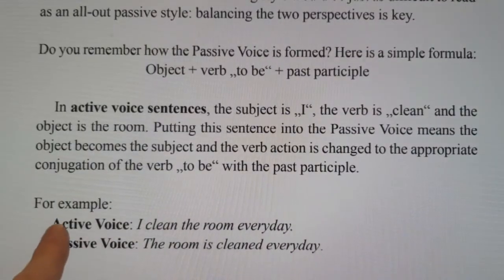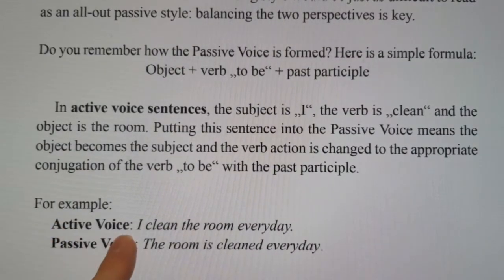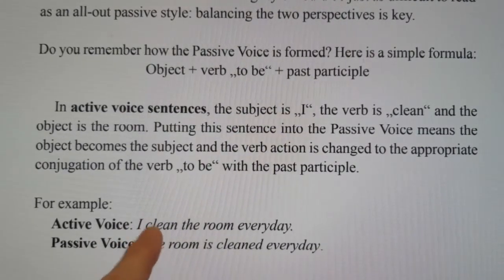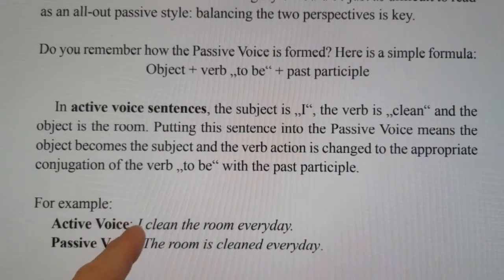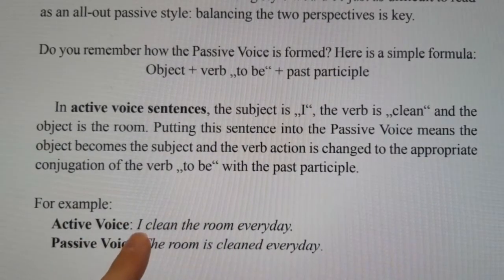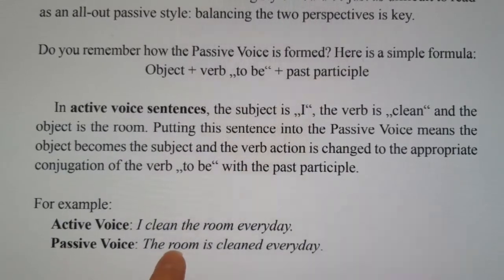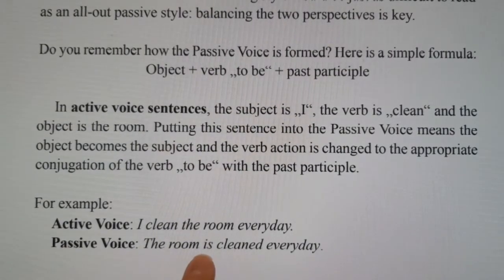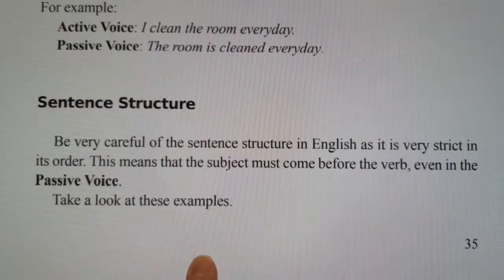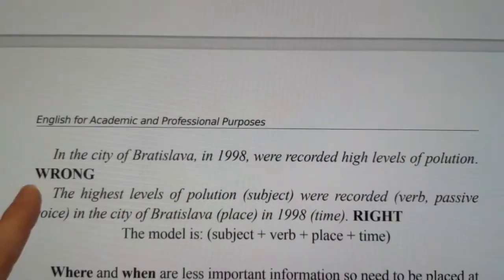These are just classic examples that I generally like to use in the classroom, and they're very easy to remember. "I clean the room every day" becomes, in the passive voice, "The room is cleaned every day." Okay, great. Let's look at some more of these examples then.